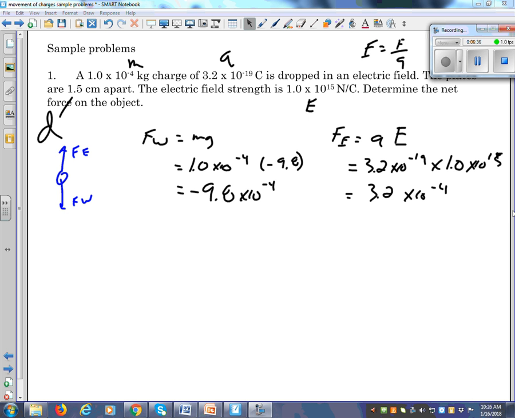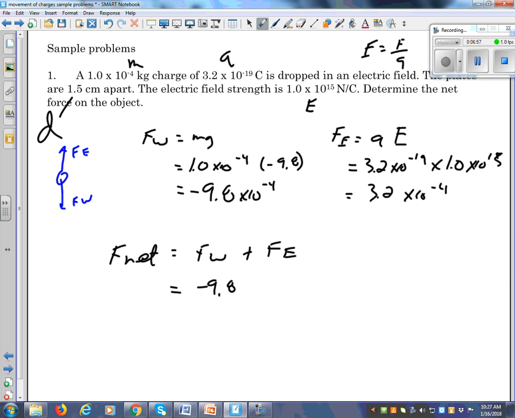Okay. One is positive, one is negative. Determine the net force. So the net force is simply adding them together. Net force means add up all the forces. Most people like the positive in front, but it doesn't really matter.